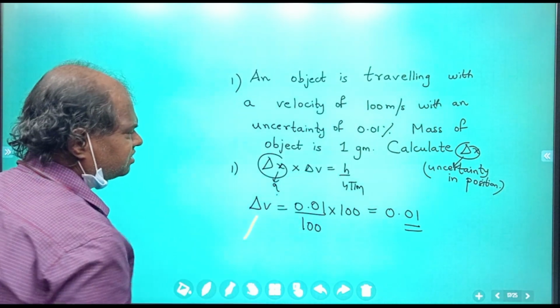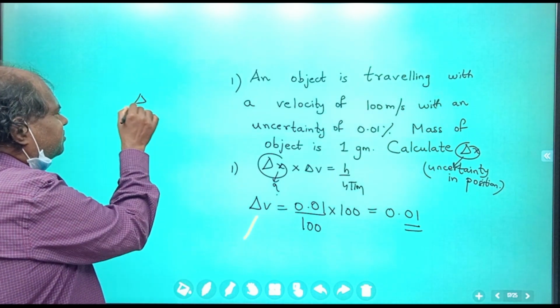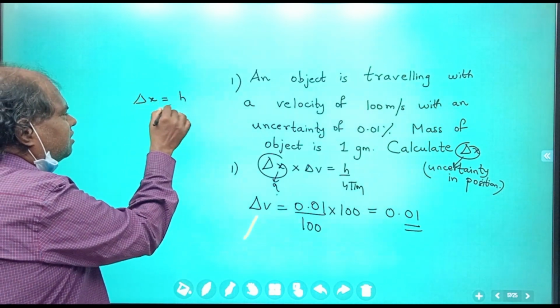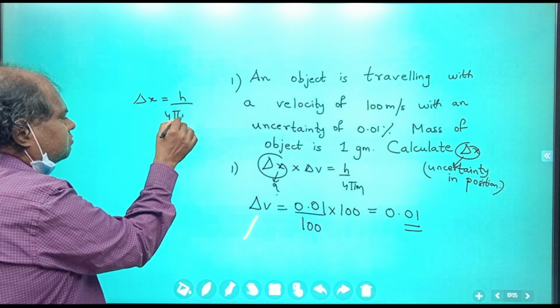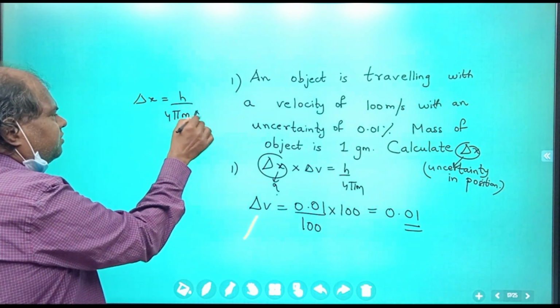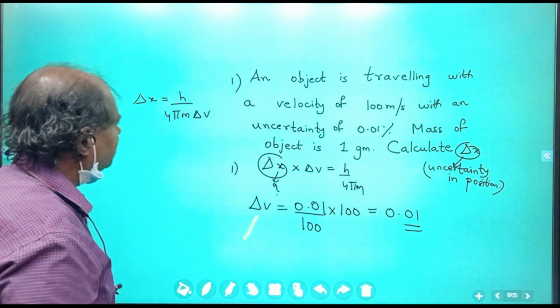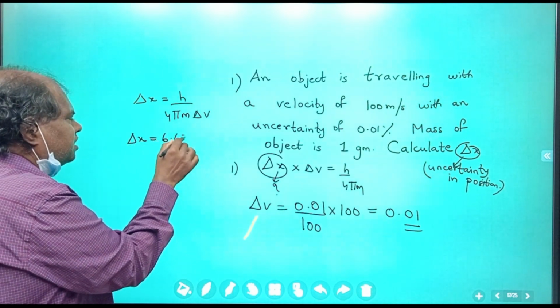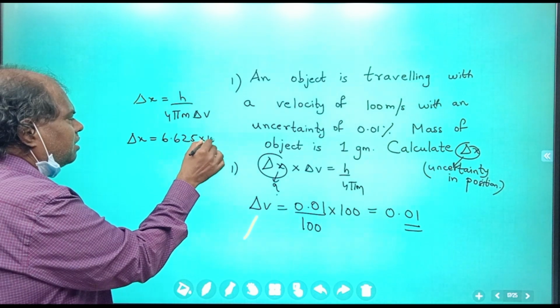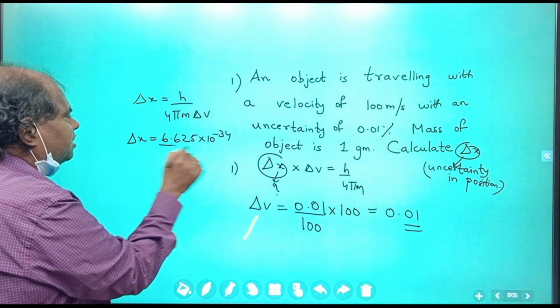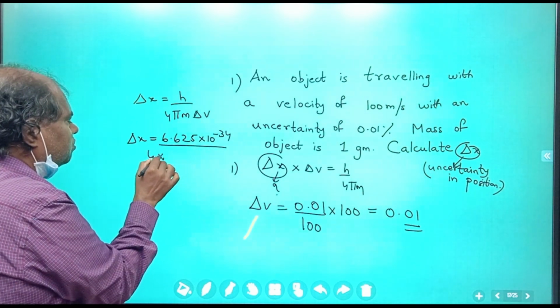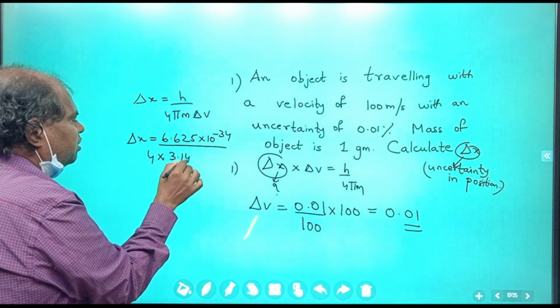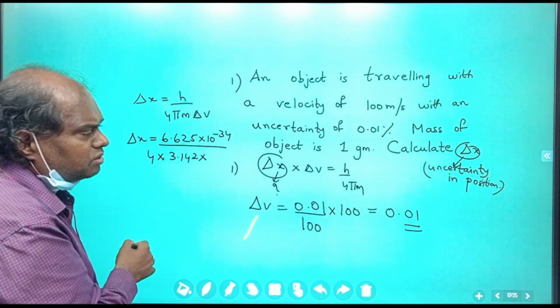Now you substitute in this, very easy now. So what is delta x? Delta x will be equal to h by 4 pi m delta v. H value you substitute, 6.625 into 10 to the power minus 34, divided by 4 into, what is pi value? 3.14.